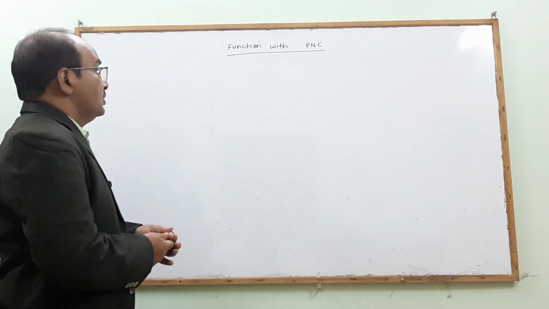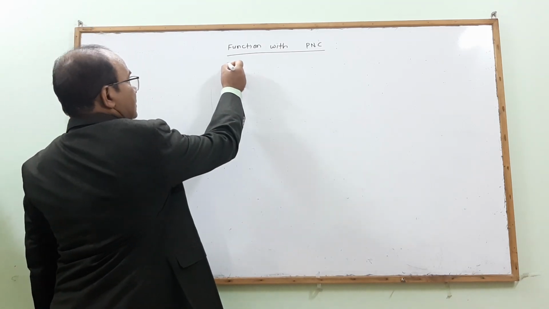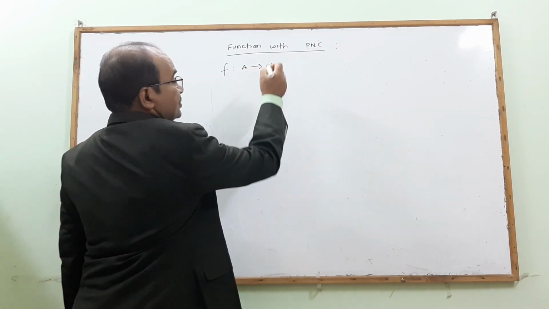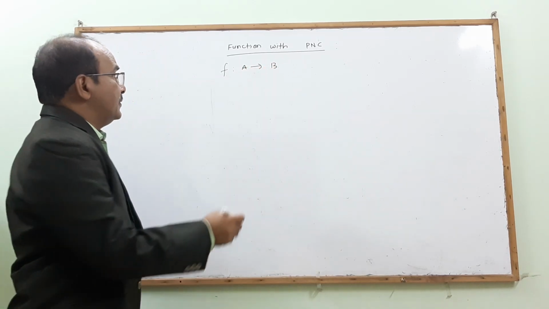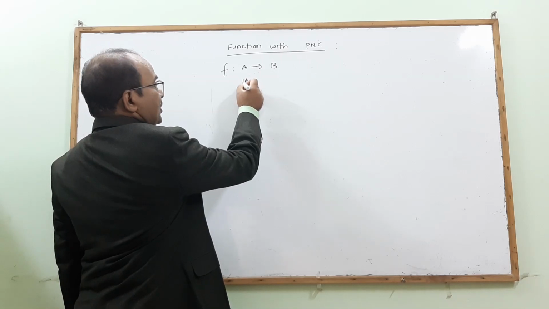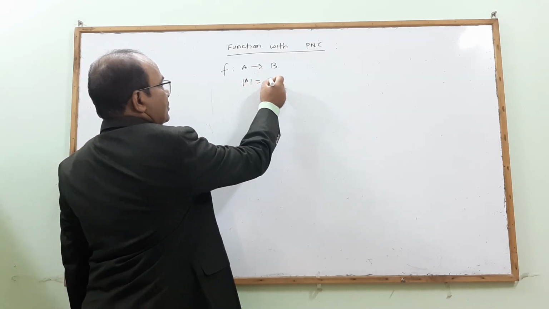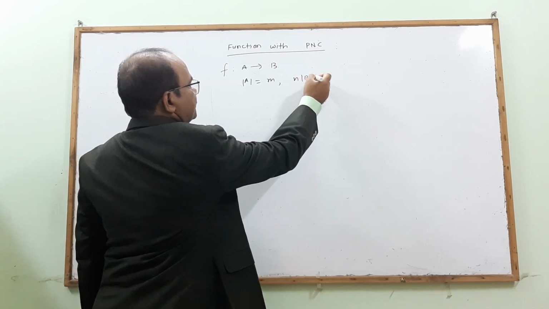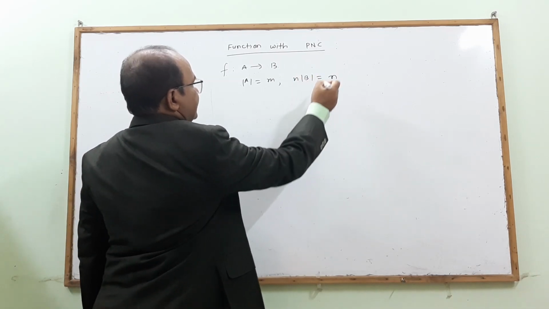Suppose a function is defined from set A to set B, and the number of elements in set A is equal to m and the number of elements in set B is equal to n.